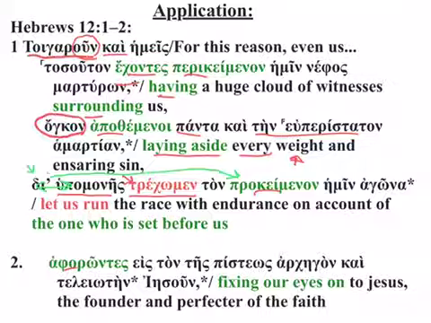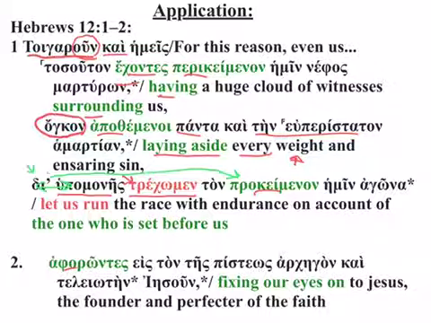But anyway, my main point is we have this cloud of witnesses surrounding us. We're laying aside every weight and ensnaring sin. So let us run this race. To me, that makes a huge difference compared to what this translation says.